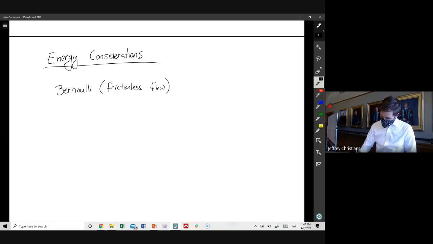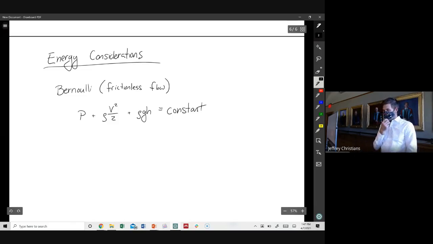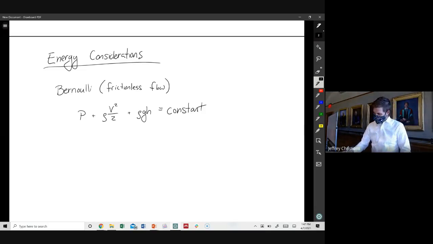Bernoulli would say that pressure plus rho V squared over 2 plus rho g h is a constant. This is our mechanical energy balance.